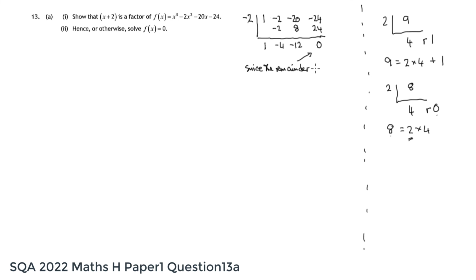Since the remainder is 0, then x plus 2 is a factor. It's like the conclusion of this. Since the remainder is 0, 2 is a factor of 8.